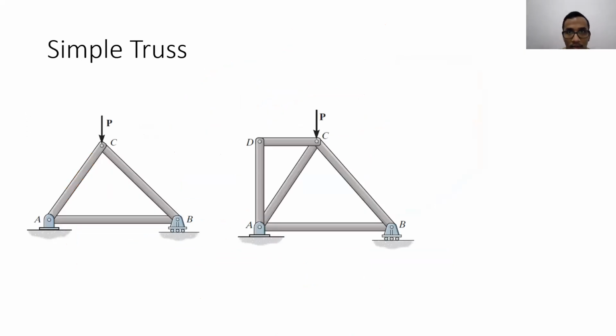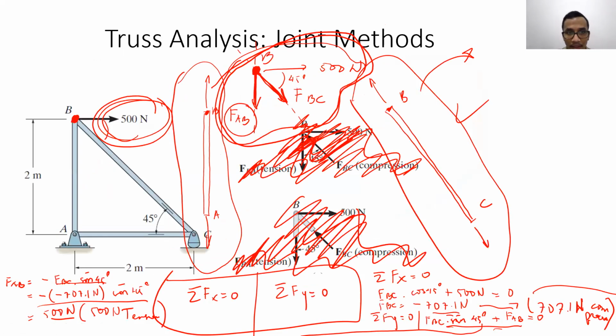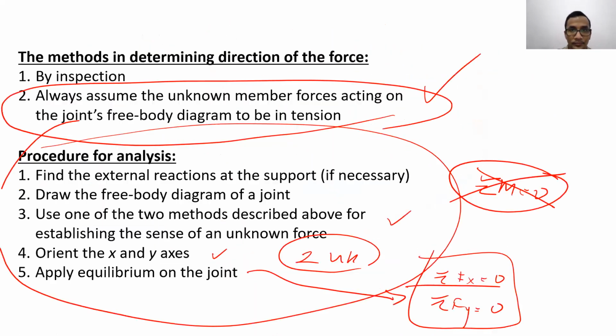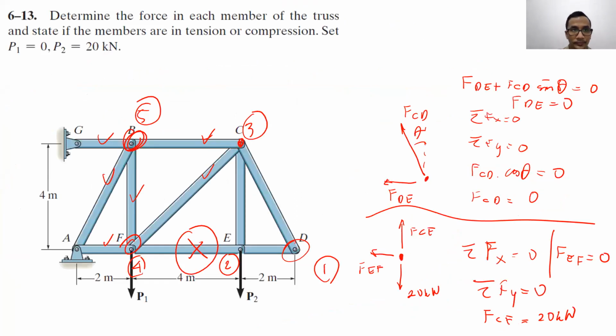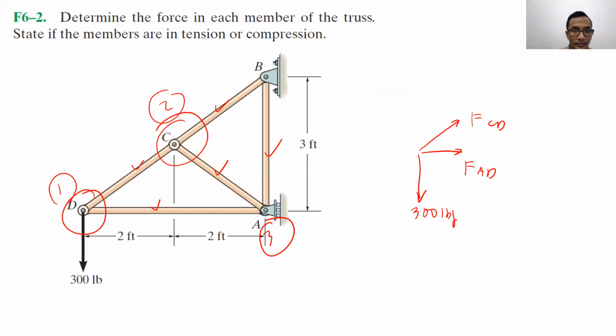Besides that, we discussed how to find out the stress value in each member of the trust using joint methods. Then I explained the procedure that we have to follow in order to find the stress value in each member of the trust, and I gave you several problem examples.